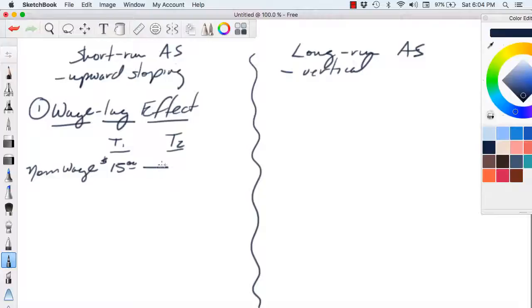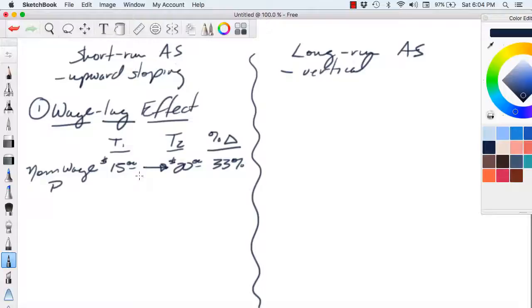And let's say that over time, from year 1 to year 2, time period 1 to time period 2, the wage increases to, say, $20. That's a percentage change of 33%. It's actually 33.3%, we'll just round that to 33%. A fairly substantial increase in wages over time.